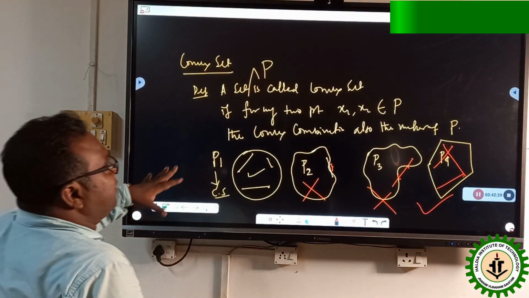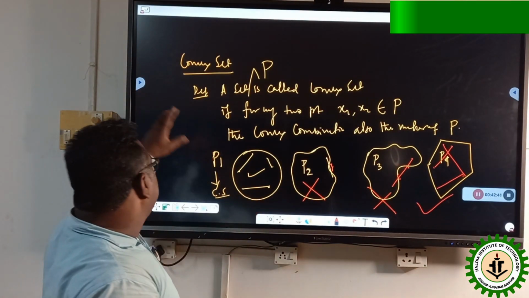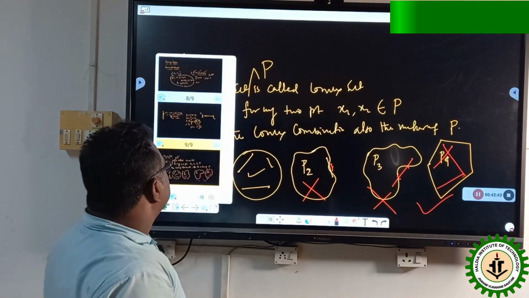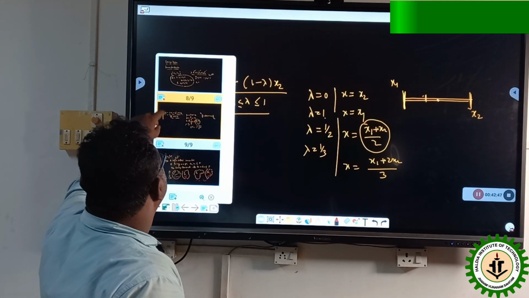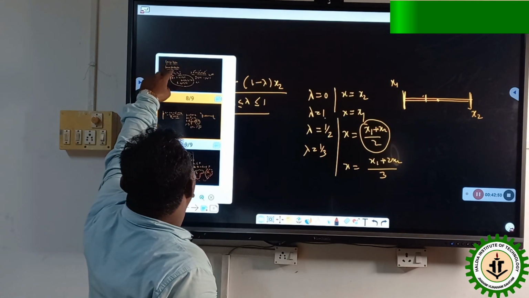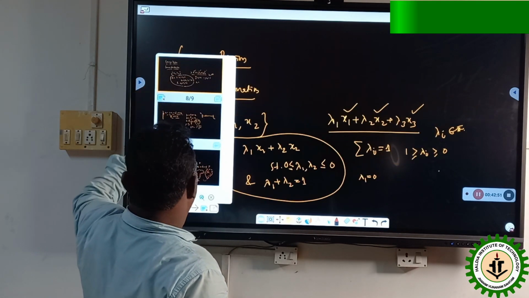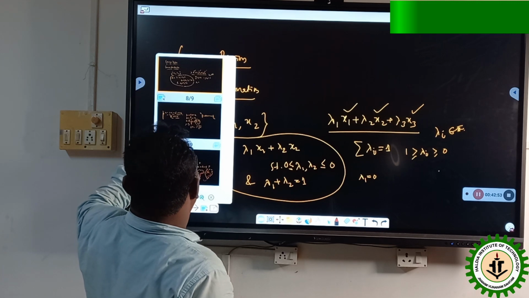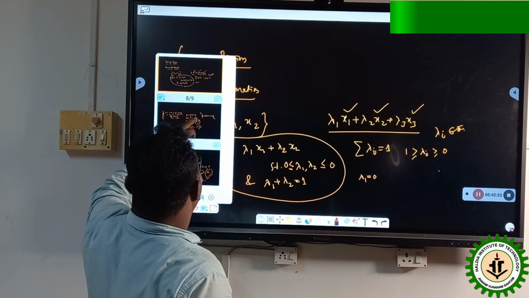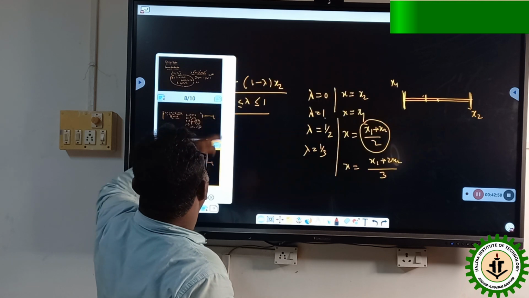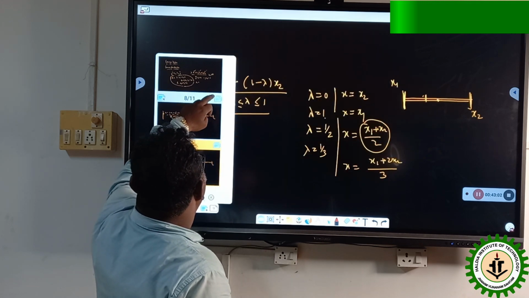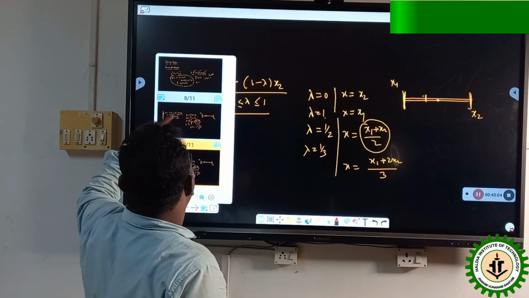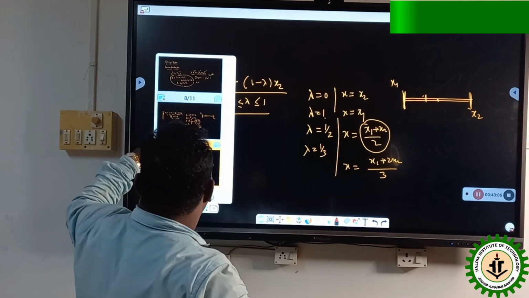So that is what we are getting. Now if you go for the graphical solution, you will see, just a minute, I am going to slide 8.